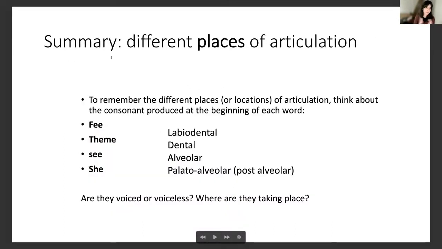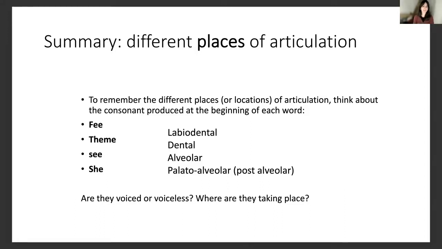So in summary, we have different places of articulation. So a trick that you can do to remember the different places of articulation is to think about the consonant produced at the beginning of these examples. So "phi" has my upper teeth and my bottom lip. So that's a labiodental sound. "Phi" has my tongue between my teeth.